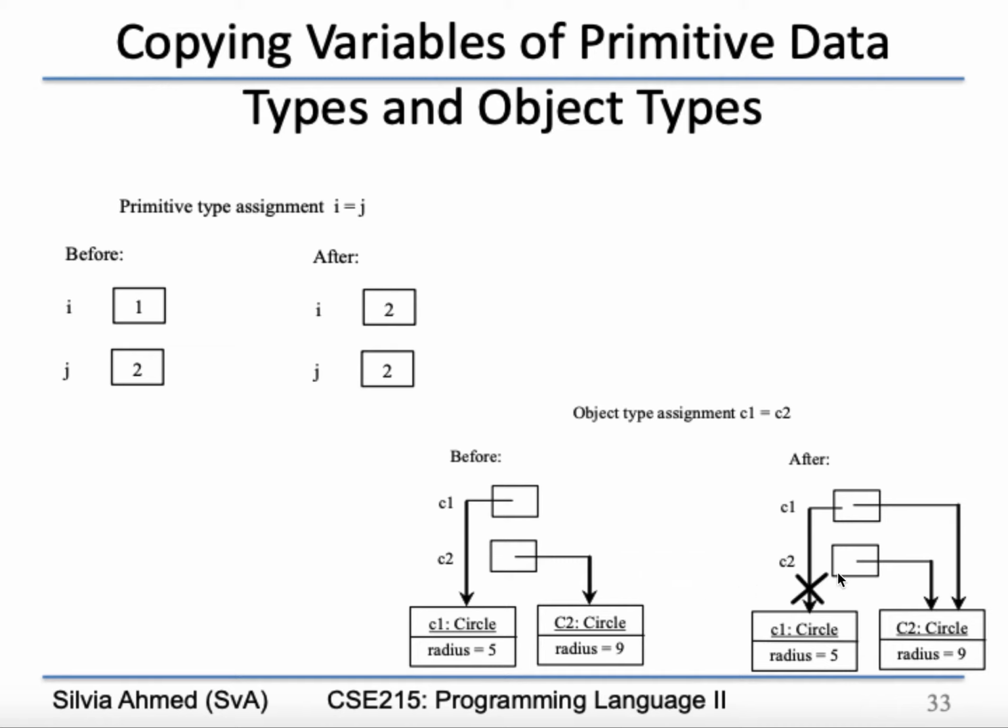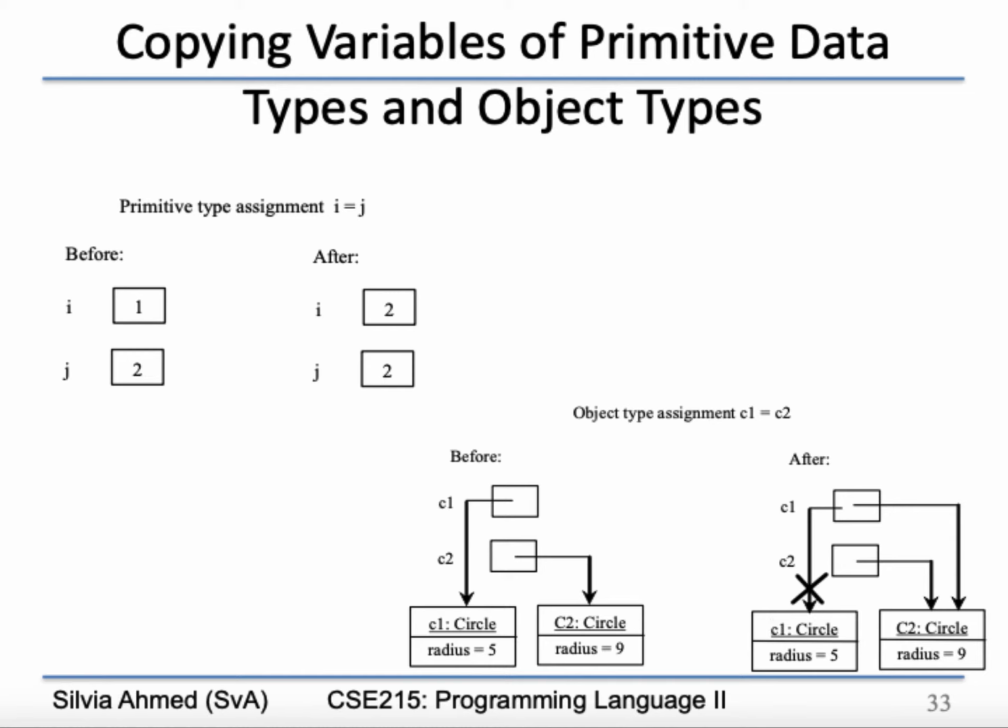It's a memory location. That memory location will be copied into c1. When the memory location is copied into c1, c1 then points to the same object as c2. So both c1 and c2 now point to this particular object with radius 9. And the initial object with radius 5 is no longer accessible. And this memory is known as garbage.